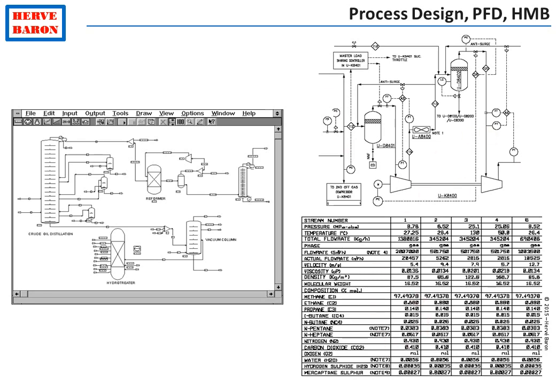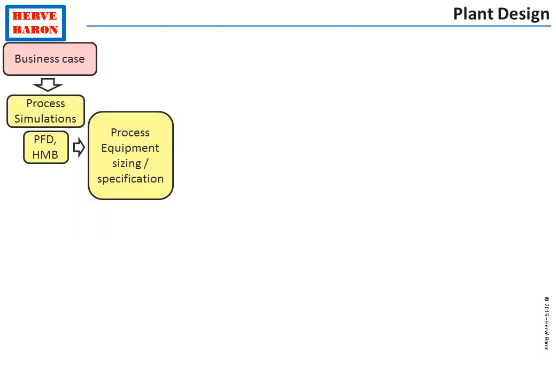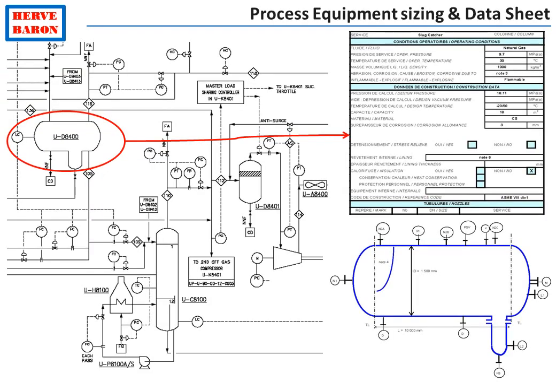This heat and material balance will therefore serve as the requirements to define the duty of the equipment, which is the next step of the engineering design: the process equipment sizing or specification. Why or specification? Because process does not size all equipment. Process will only size phase separation equipment such as this gas-liquid separator and some standard size of heat exchangers such as shell and tube heat exchangers.